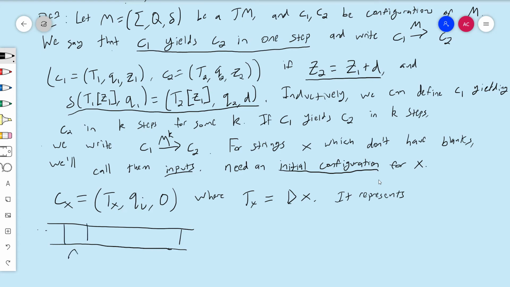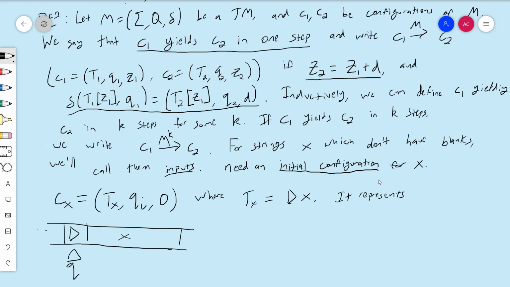Initially, we have a situation like this, where we're pointed at the play symbol, we're at index 0, we're just going to declare that starting point index 0, and then x is just as much as it needs to be. And we're in state q_i.